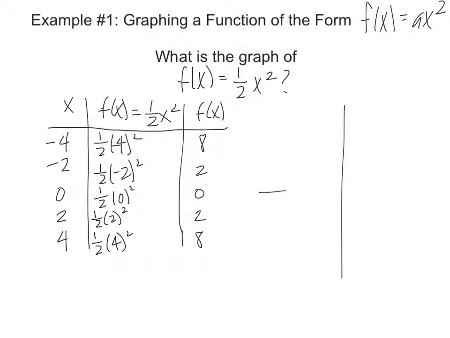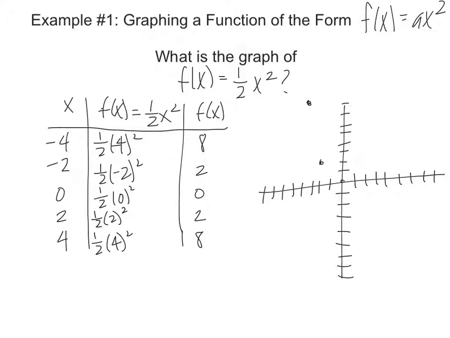So now I go to graph. The first ordered pair is (-4, 8). The next one is (-2, 2).